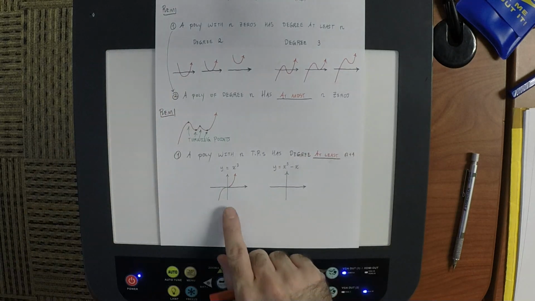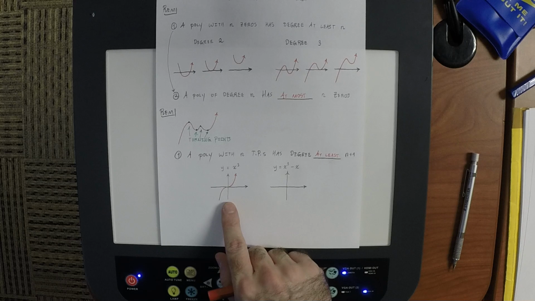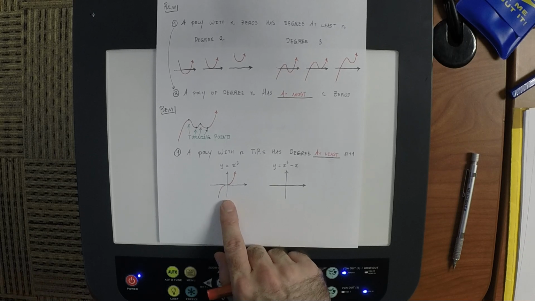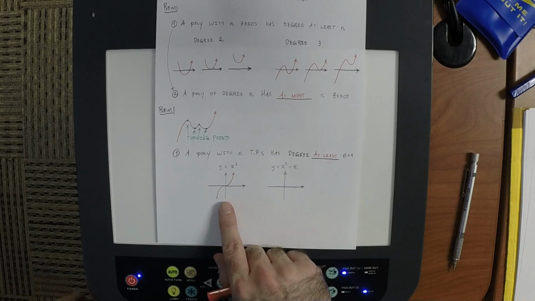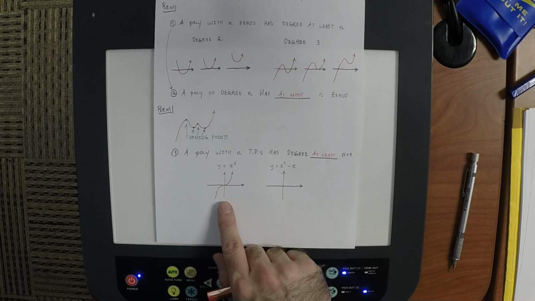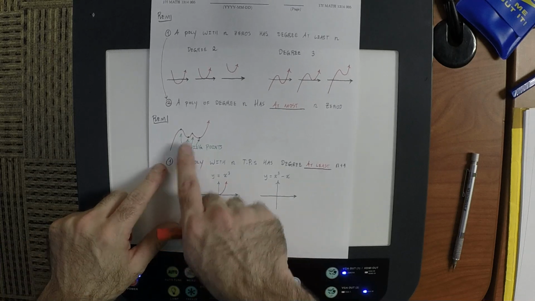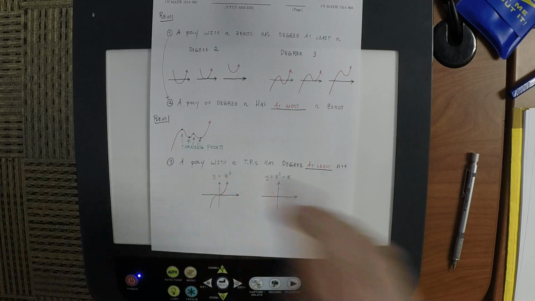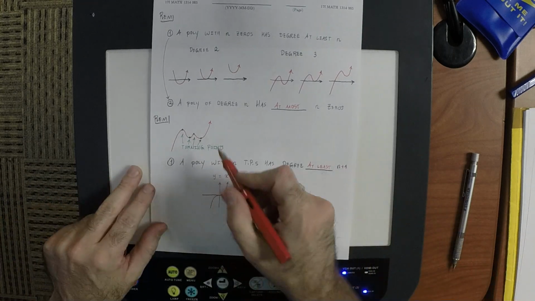Now how many turning points does it have? None, right? None, because a turning point is a place where water would collect. Or if you like, if water could fall up where it would collect.